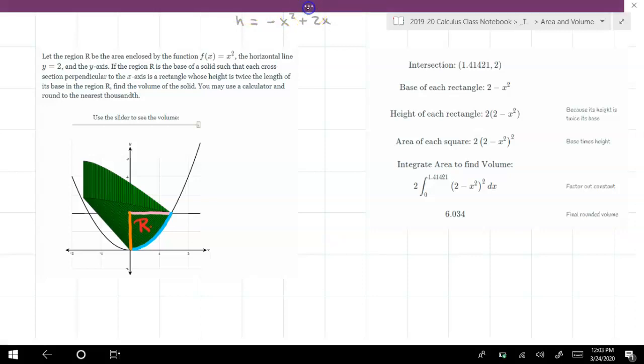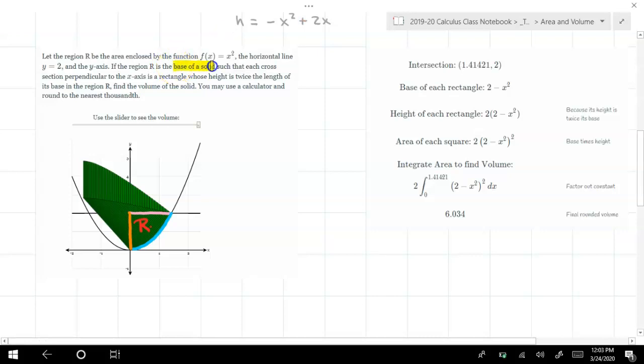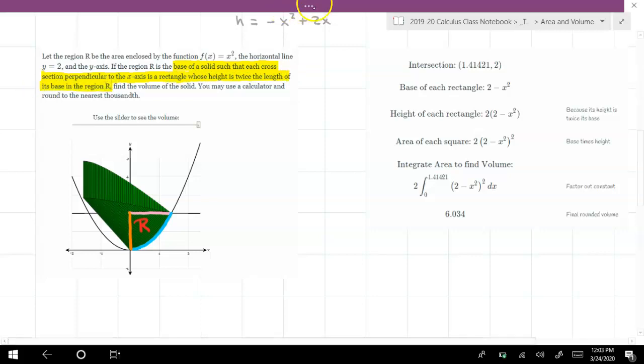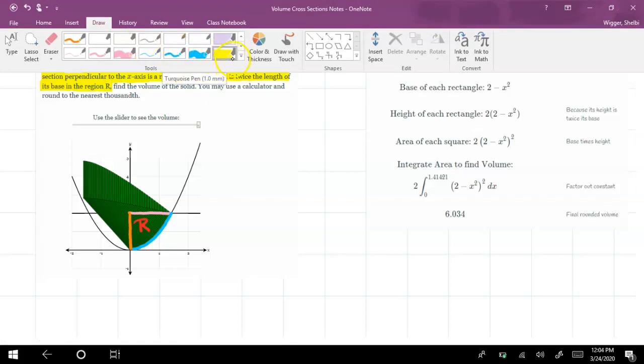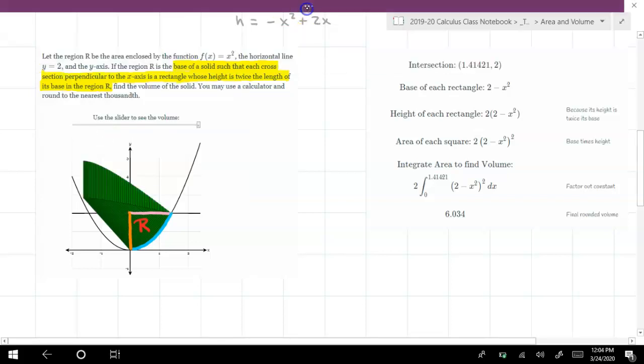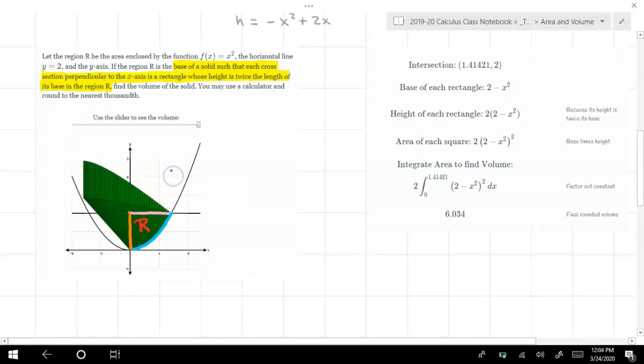If the region R is now the base of a solid, such that each cross section perpendicular to the x-axis, coming straight up from the x-axis, is a rectangle whose height is twice the length of its base in region R. So this time we have a rectangle coming up with its base in region R coming up off the page, and its height is twice the length of its base.